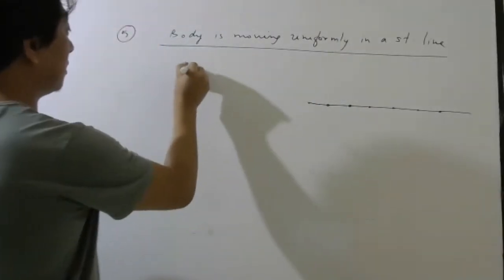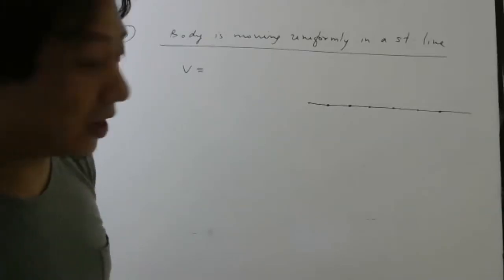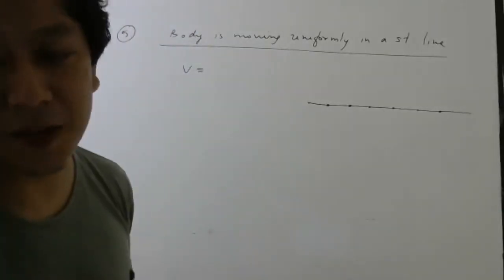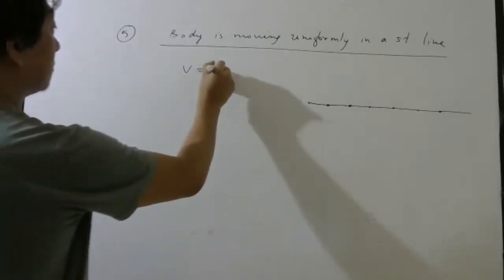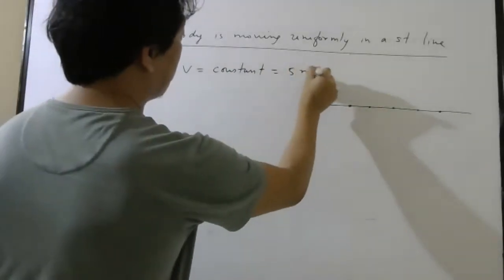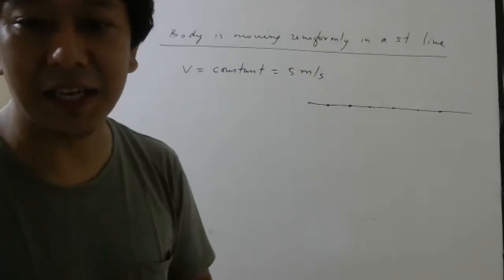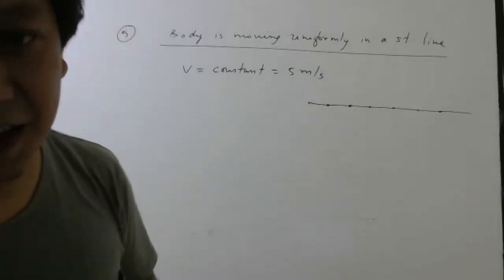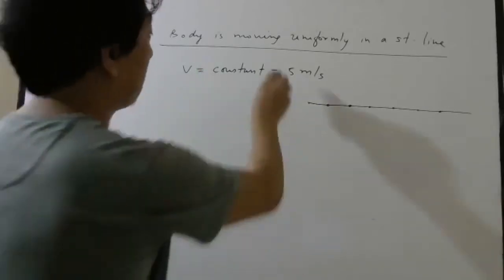Which means, your velocity should be what? In every equal interval of time, it covers equal displacement. So velocity will be constant. Yes or no, students? If I say velocity is 5 meters per second, constant, what does it mean? Every second it covers 5 meters, if it is constant.